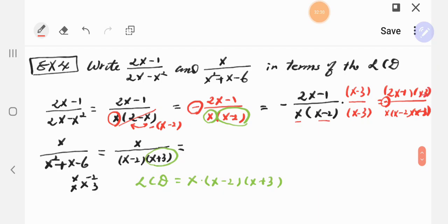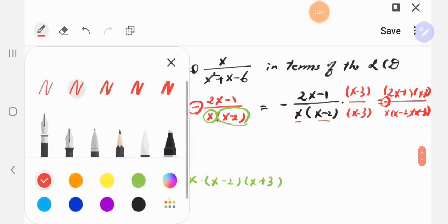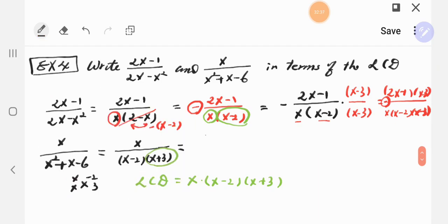How about the second fraction? Let me rewrite this second fraction. We want to multiply this by something so that the denominator will be the LCD, so we have to find the numerator.